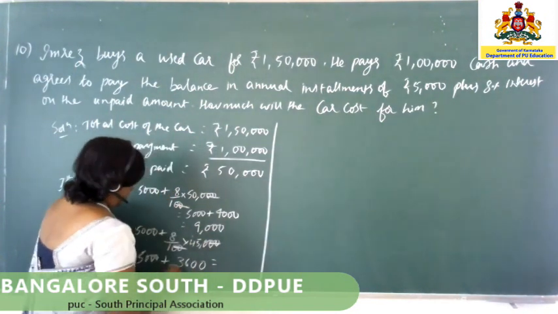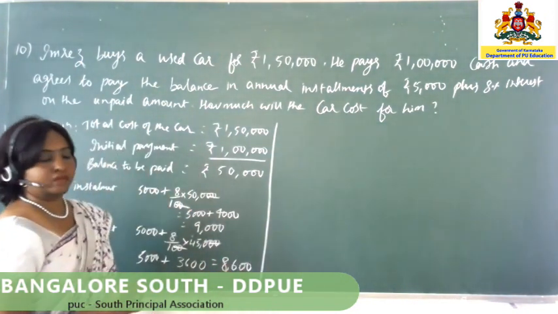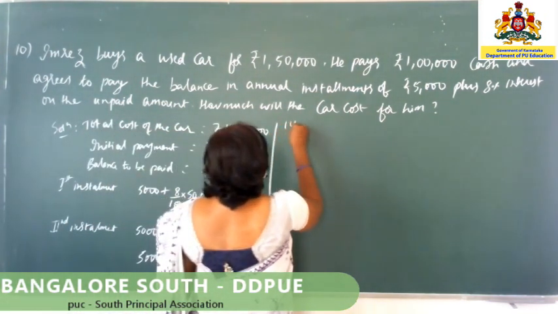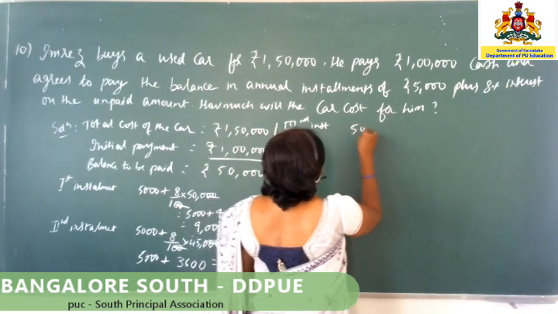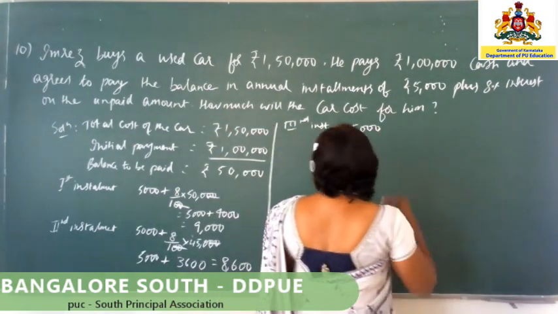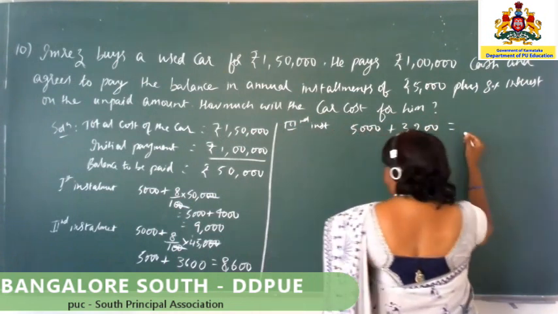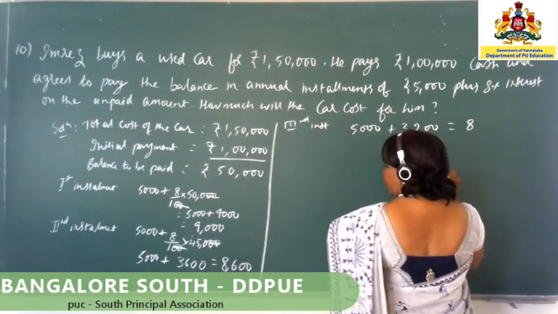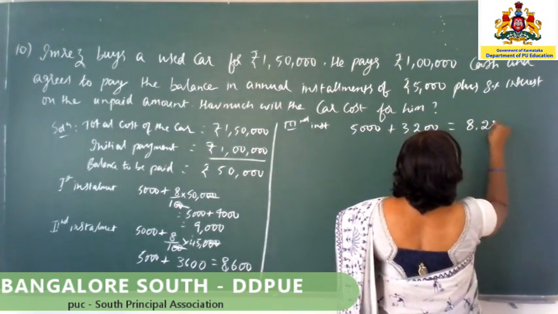So this is equal to 8,600. Same way, the third installment will be 5,000 plus 3,200. That will be equal to 8,200.